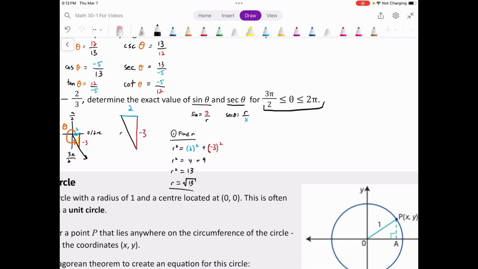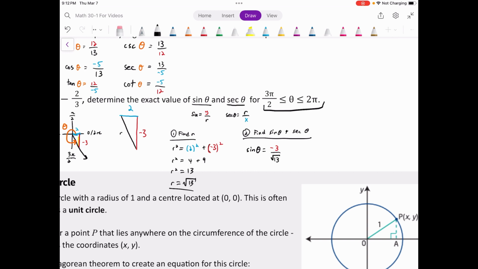Okay, so now we just need to write our ratios. So step 2, find sine theta and secant theta, which is just a matter of putting the right sides of our reference triangle in the right spot in those relationships. So sine is y over r. So sine theta will be, well, y is negative 3 over r, we now know is root 13.